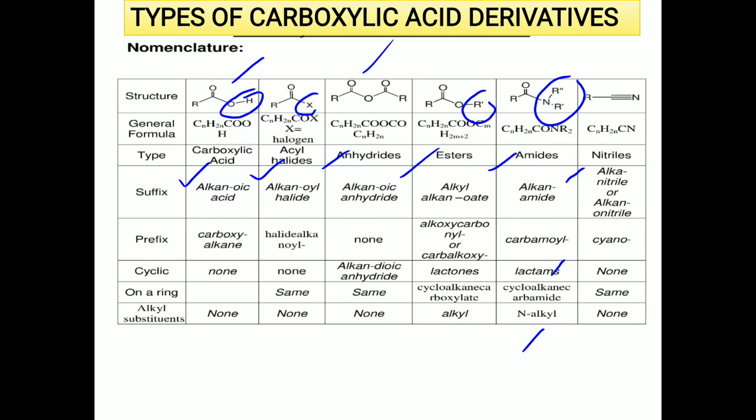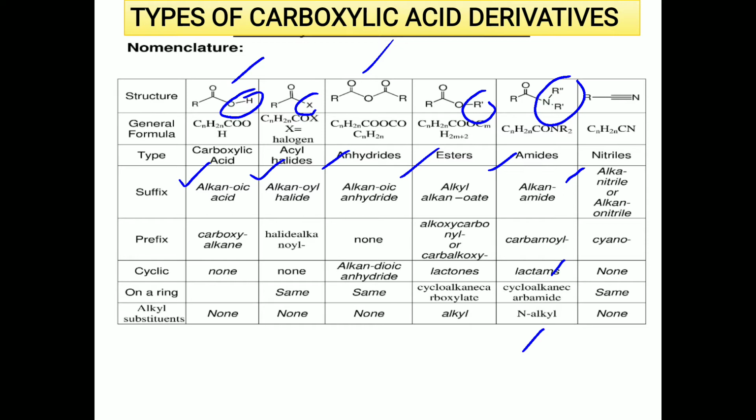And last, we have nitriles. Nitrile is not a carboxylic acid derivative as such, but here a carbon and nitrogen triple bond is present. There is no oxygen in this structure.